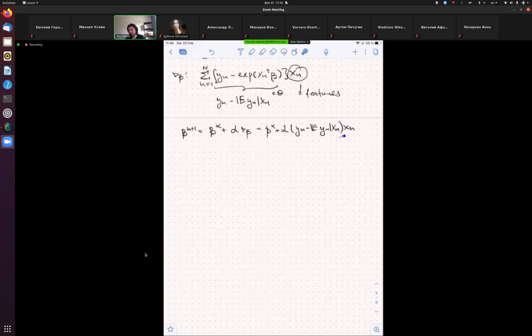If on some object this is already matched, then this object doesn't influence our coefficients. Of course, here it is a sum over the points.